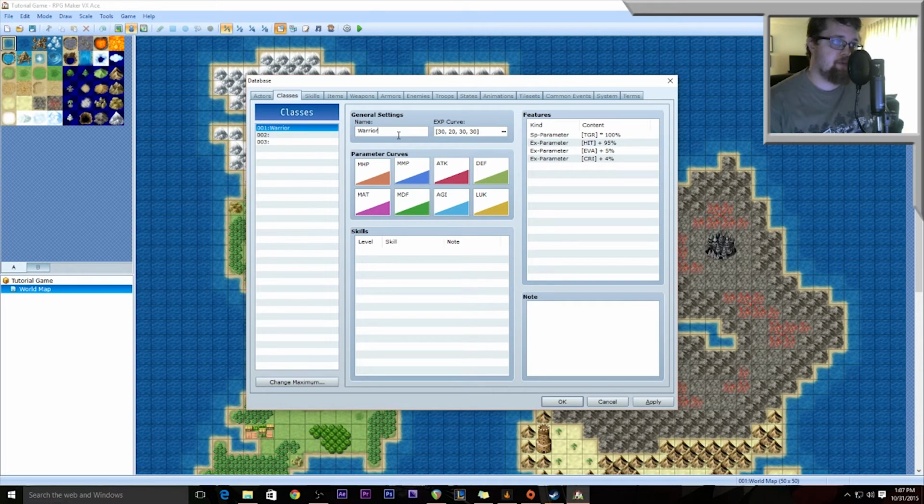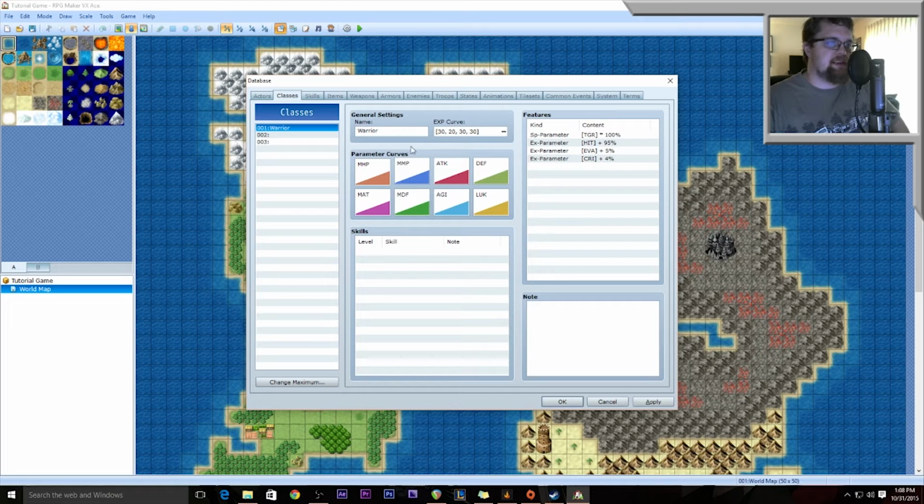A main character is usually going to be a melee sort of tank kind of thing. You think about Cloud or Tidus, or really any memorable main character. They were always the kind of person who runs in and smacks people in the face, and they could take some hits. So that's what our main character is going to be. He's going to be a warrior.